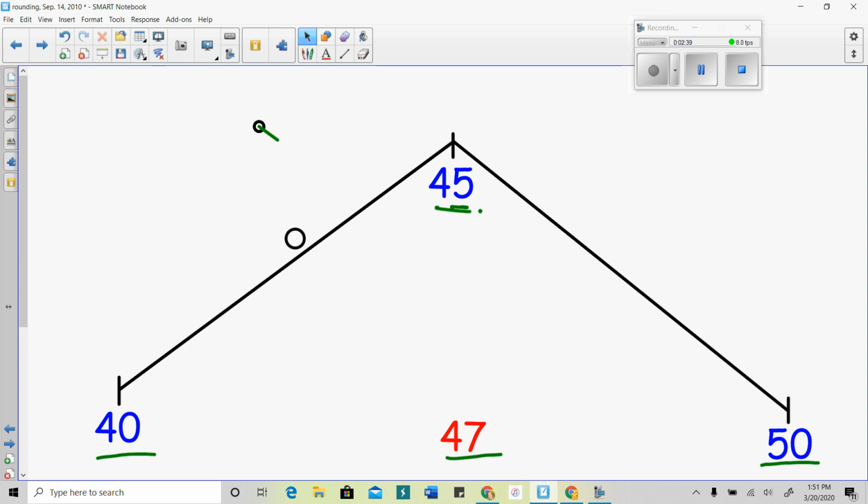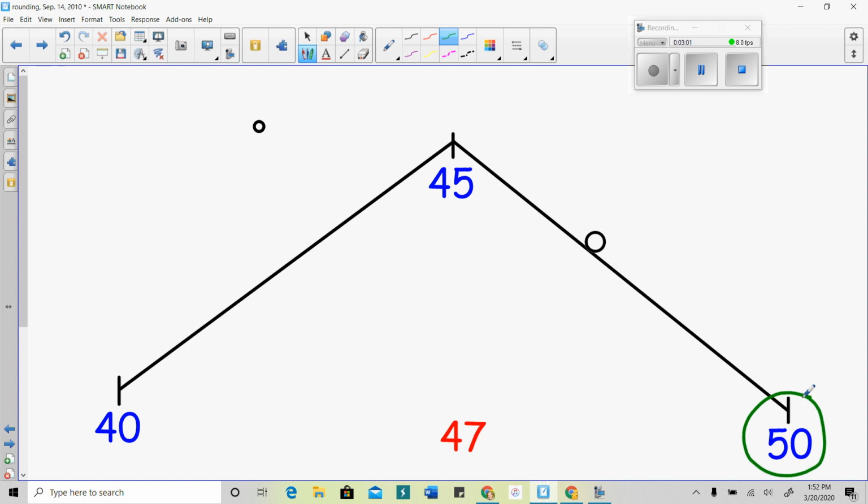It wouldn't go on the left of the mountain because it's not between 40 and 45. It would go on the right of the mountain, somewhere in between the 45 and the 50. Doesn't matter exactly where. Now imagine that we let go of that little ball right there. It's going to roll down to the 50. So 47 rounds up to 50, because it is closer to 50.